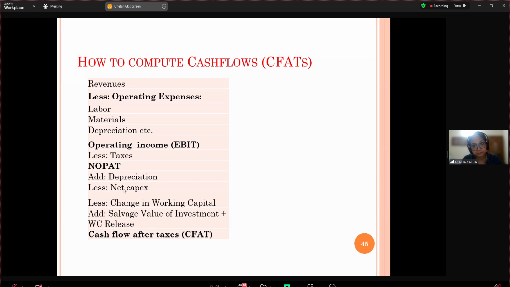The same amount. No, I'm saying that if supposing any new asset has been bought, that is only what we are taking as capex here. Which means that depreciation is the whole depreciation, and net capex is for the new capital expenditure. Supposing it is a sunk cost, what do you mean by sunk cost?